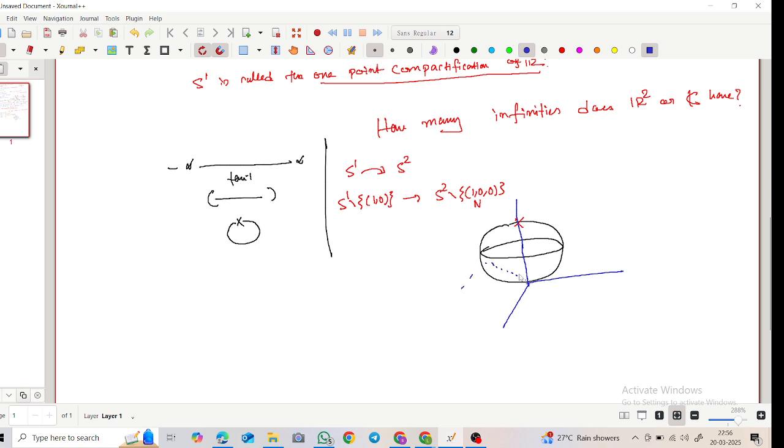Okay. So S2 is just sitting on the xy plane. This is the x-axis, this is the y-axis, and this is the z-axis. So this is just sitting on this, okay.